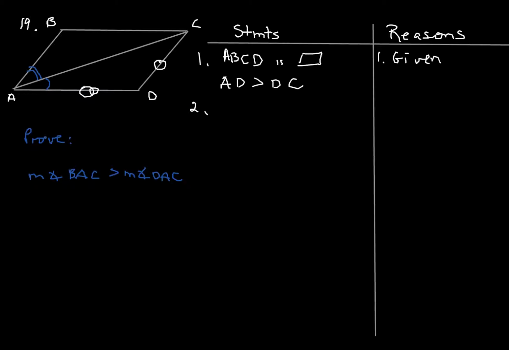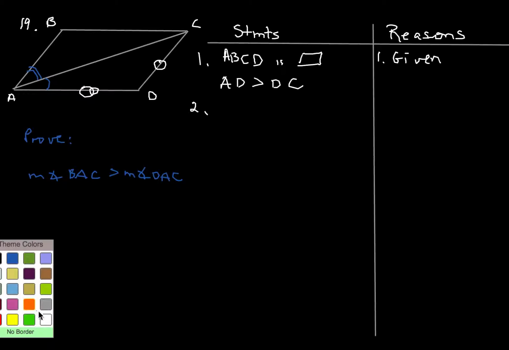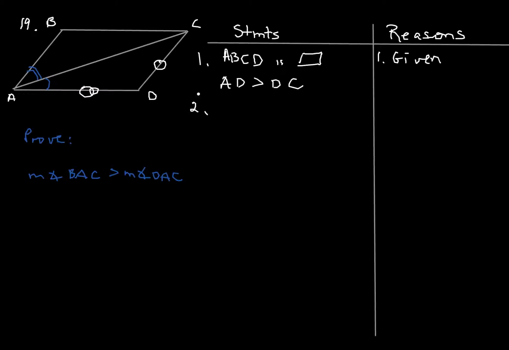All right, let's see how we do this guy. We can say angle BAC is congruent to angle ACD. These two guys are congruent because they're alternate, if these two lines are parallel.